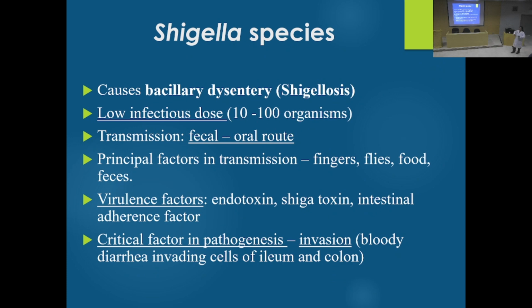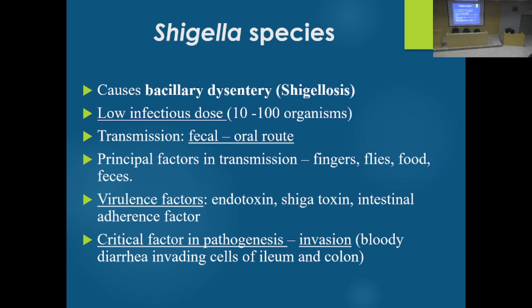Okay. So now we have studied everything about bacteria, right? So an example of a bacteria which is mentioned in your problem is Shigella, okay? So this Shigella, what does it cause? It causes something called shigellosis or bacillary dysentery.